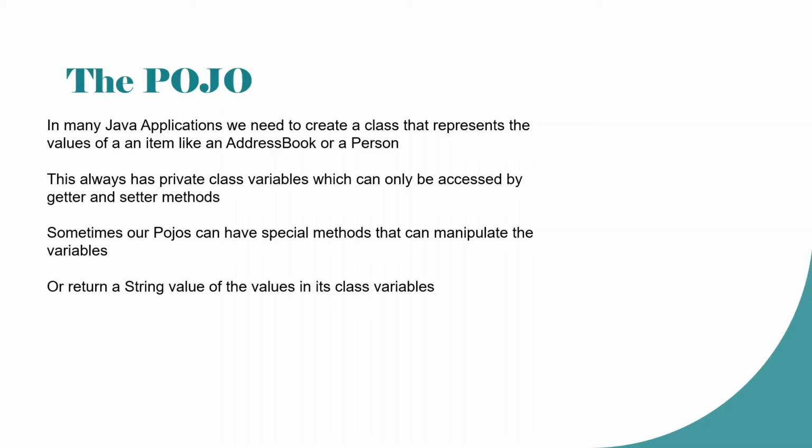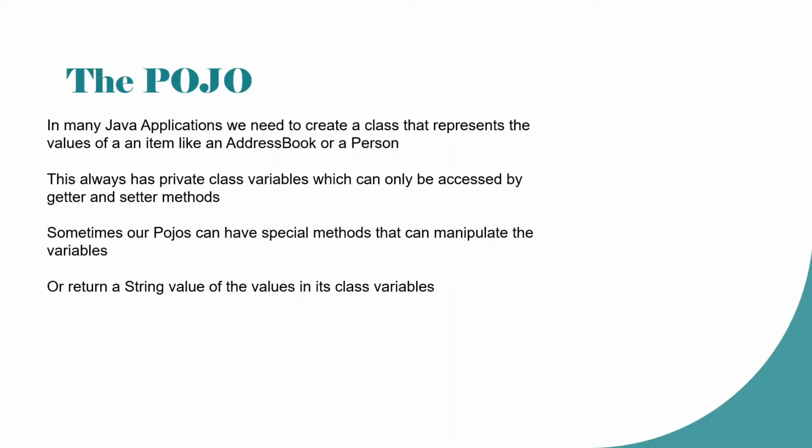In other words, indirect access, not direct access. Sometimes we can add special methods to the Pojos to manipulate the variables. In this case, the class variables, and we also call the class variables in a pojo, we call them fields.